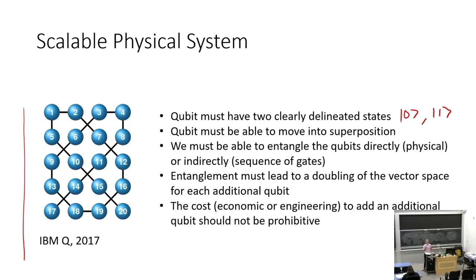So since 1 qubit is never enough, we want to be able to add sufficient additional qubits so we can do useful quantum calculations, but the cost to add these qubits shouldn't be prohibitive. We wouldn't want the economic cost or the engineering complexity to be scaling exponentially as we increase the number of qubits. So there needs to be a balance.